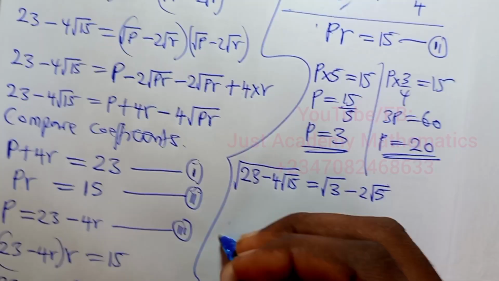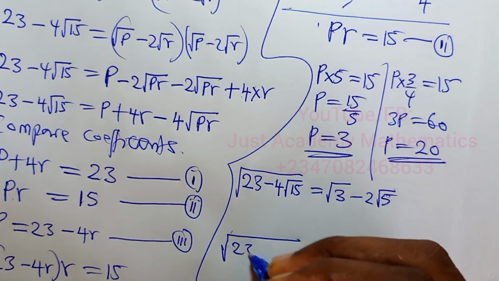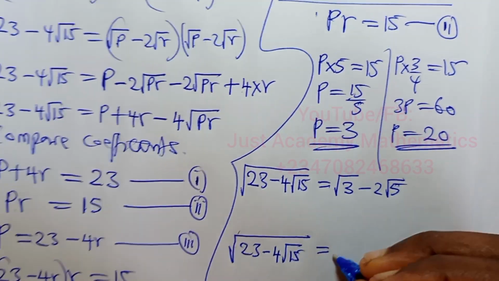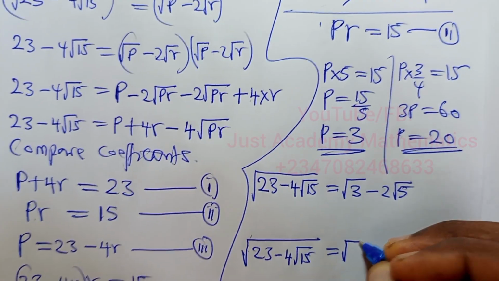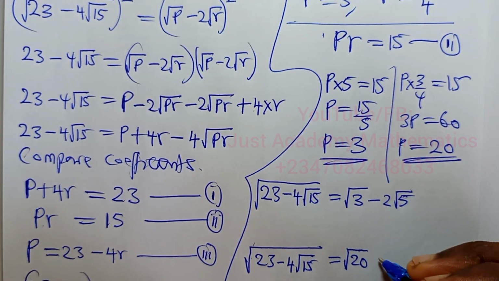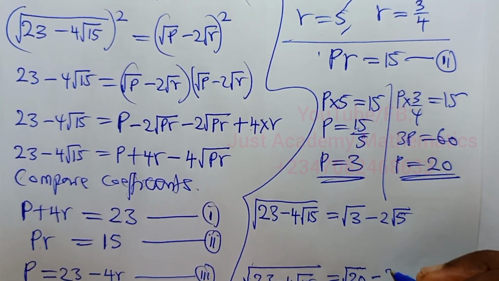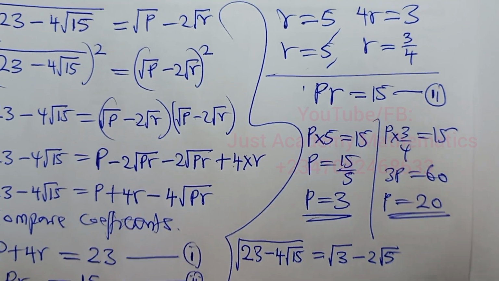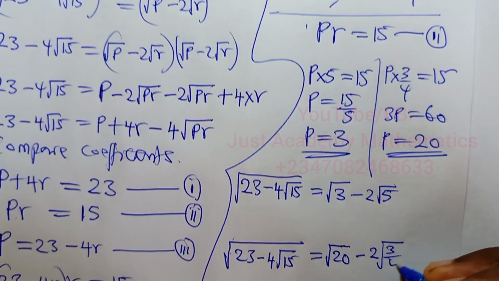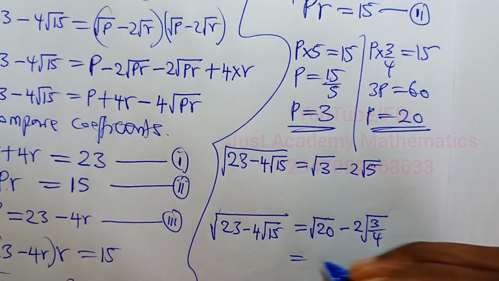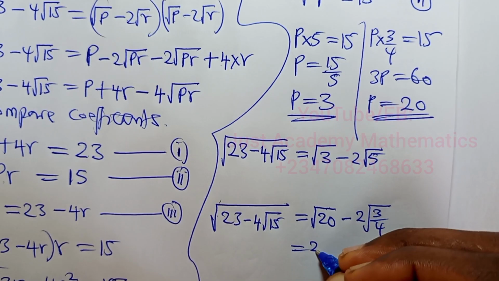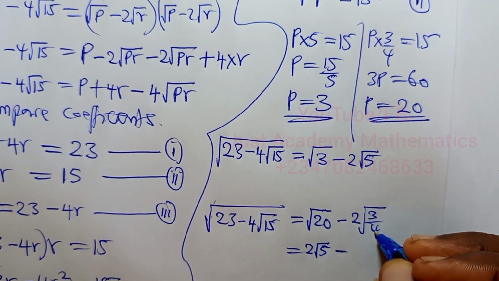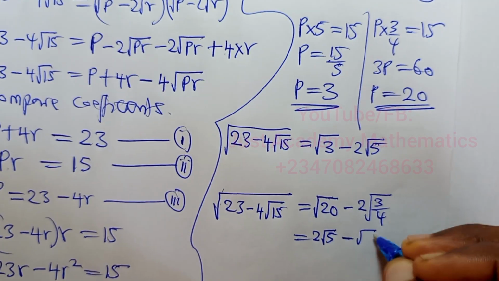Then another possibility is the square root of 23 minus 4 root 15. Is it the same thing as root P, 20, minus 2 root R? What is R? 3 over 4. We can actually solve this further as 4 times 5, which is 2 root 5 minus the square root of 4, which is 2. The 2 cancels: 2 root 5 minus root 3.